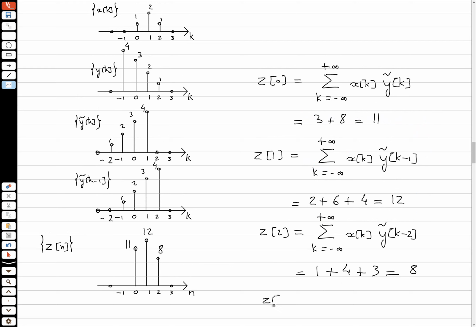Now, for 3, I'm not going to write what it is. You shift also mentally. You shift this one by 3, so this guy will come here. It's 1 times 2, so you get 2. This guy arrives here. 2 times 1 is 2, so you get 4. And it's not finished actually, so we need to move on.